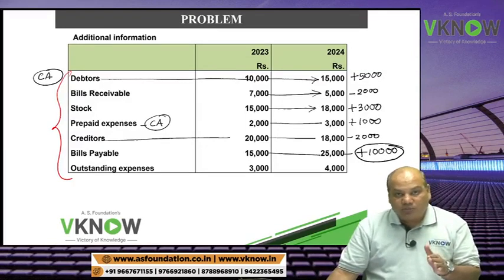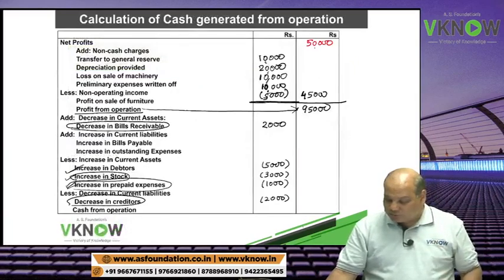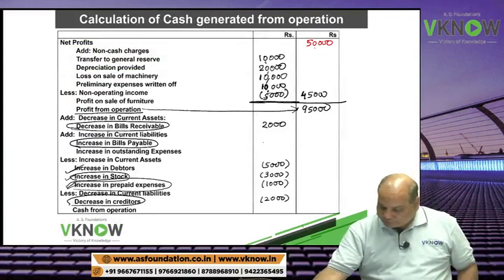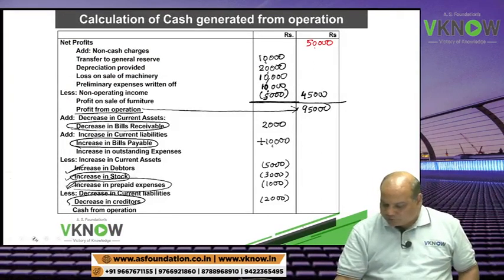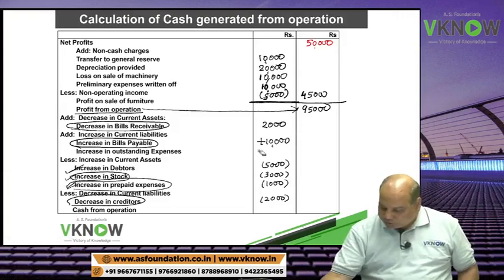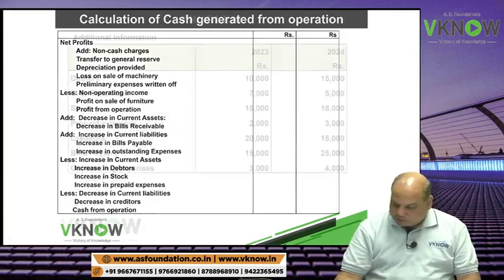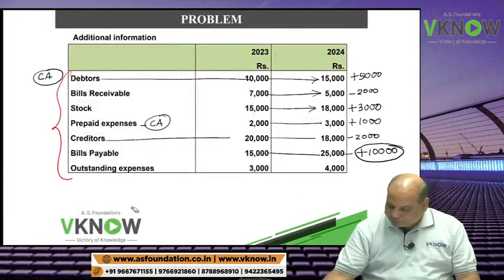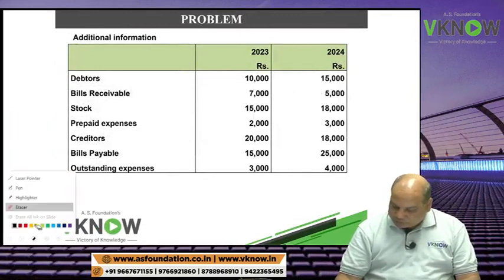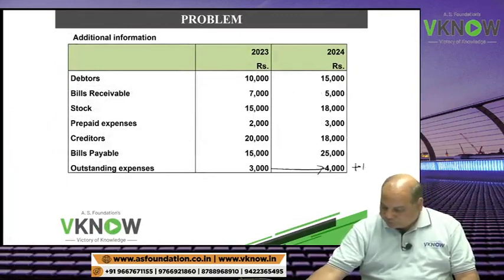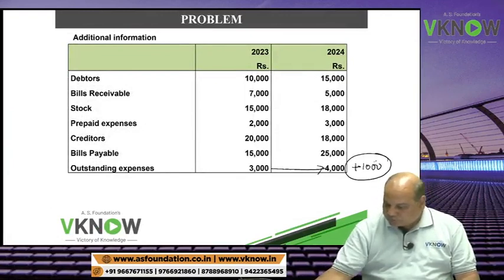Increase in bills payable, increase in cash flow. On the screen here, somewhere in the center, increase in bills payable plus 10,000, increase in cash flow. You can remove that plus sign. Okay, last item, outstanding expense, from 3 to 4 is 1000.